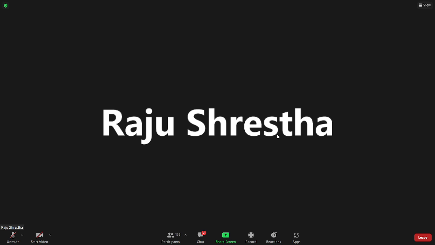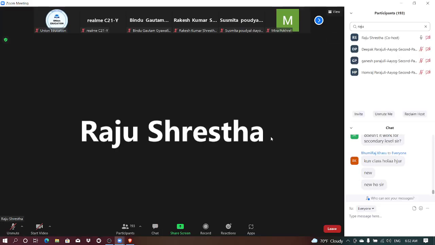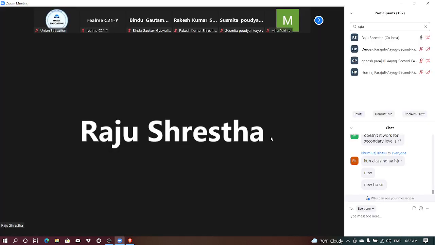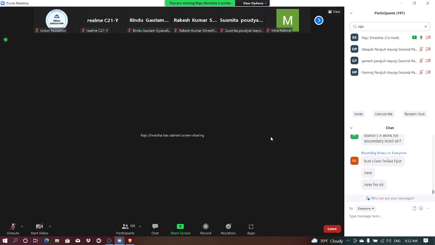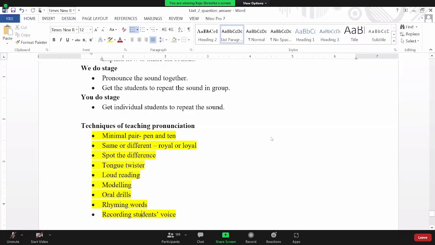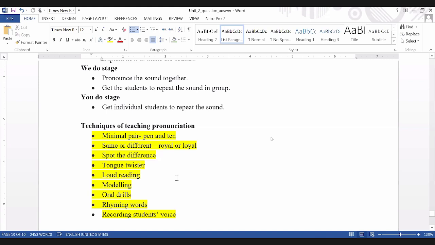Okay, tongue twister. For the David Cross book, you can look at it; the book has only this activity. For example, tongue twister. I give you some examples, and from examples you can understand. Last time also I gave you examples.